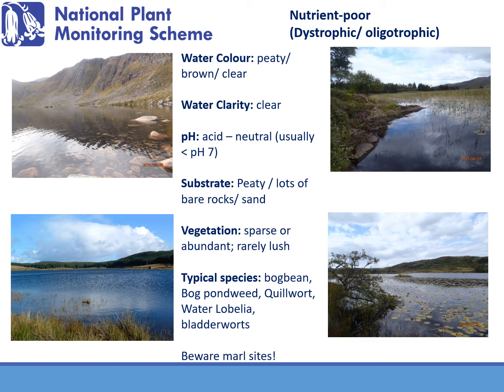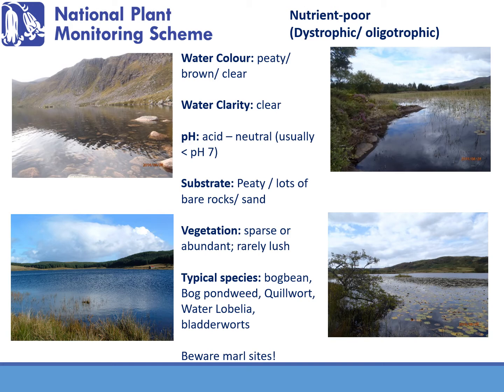The water tends to be acid, slightly acid or neutral in terms of its pH, and they tend to be characterised by either peaty substrates or by lots of bare rock or areas of sand, as you can see in these example photographs. The vegetation tends to be fairly sparse or abundant, but it's very rarely lush.